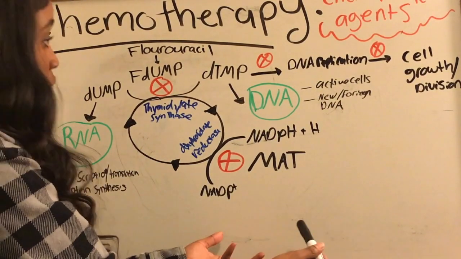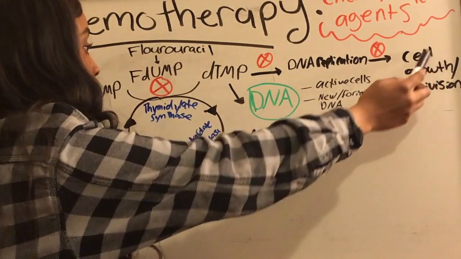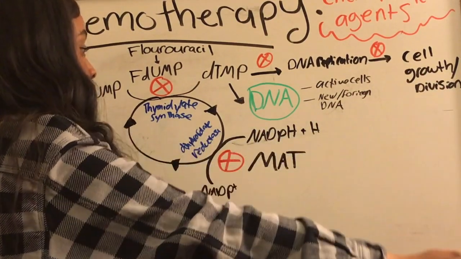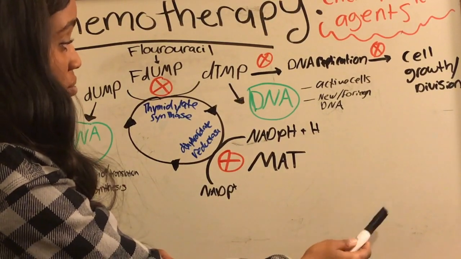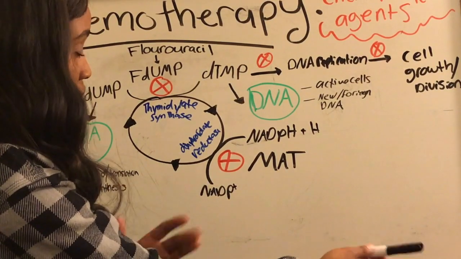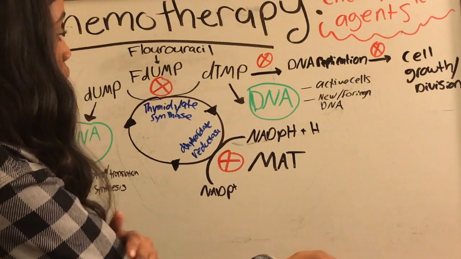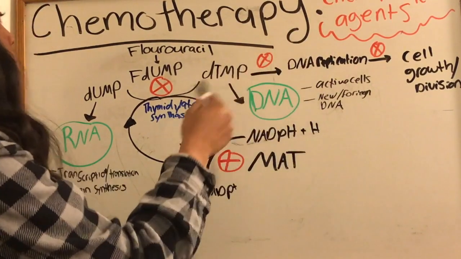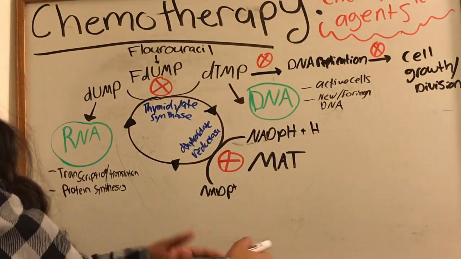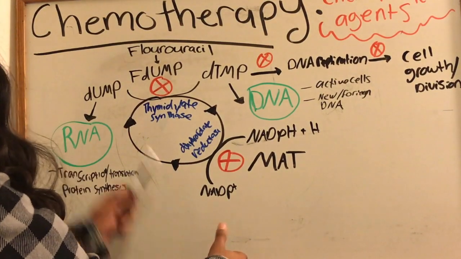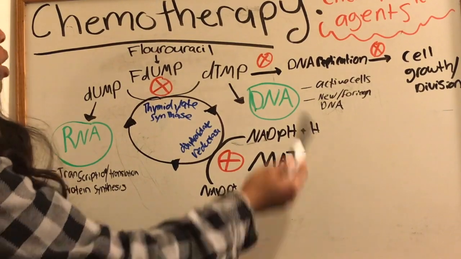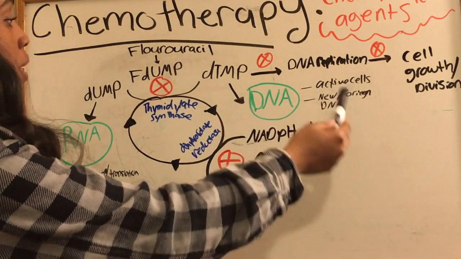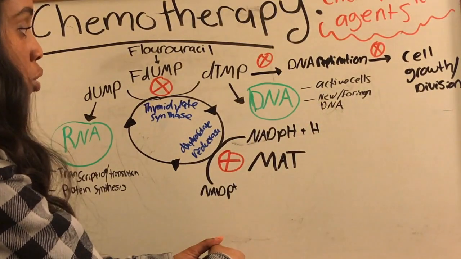However, it's very good for preventing cell growth and cell division for new foreign DNA, which we want for cancer or any other disease. And so that's why those chemotherapeutic agents are preferred, because we protect our biological process, but at the same time we slowly eliminate our foreign or new DNA.